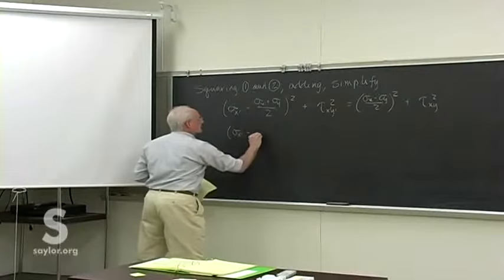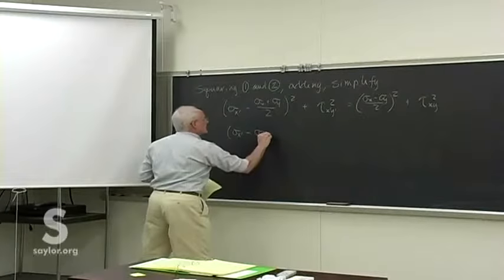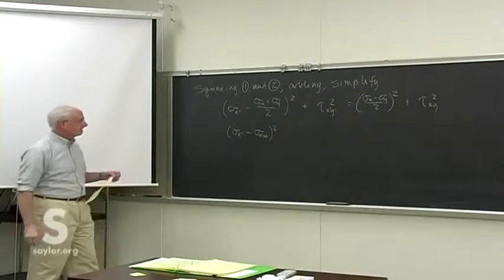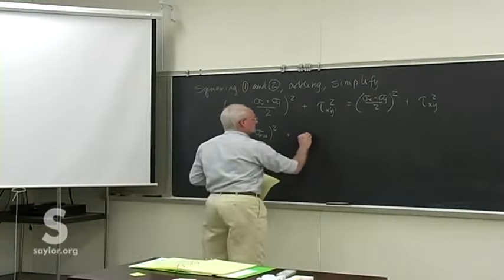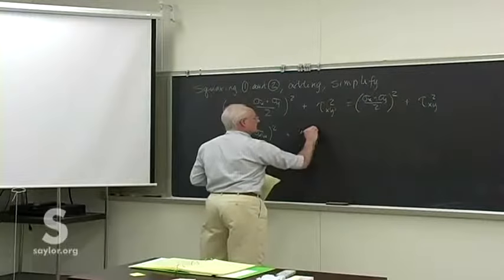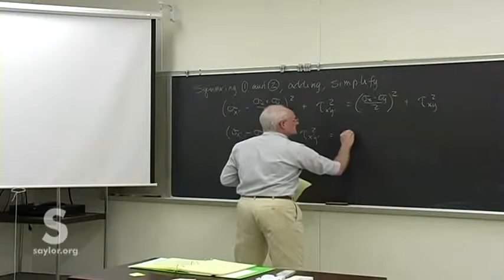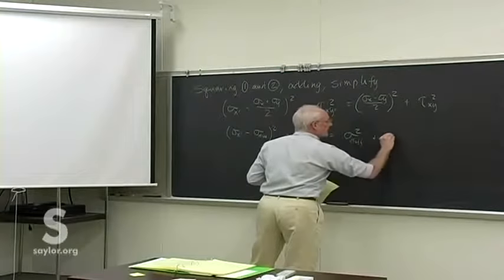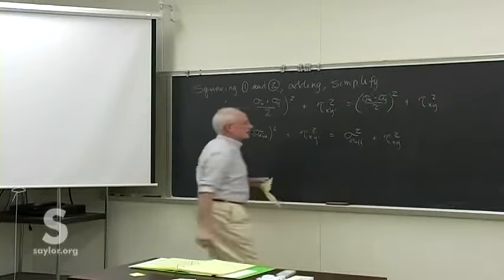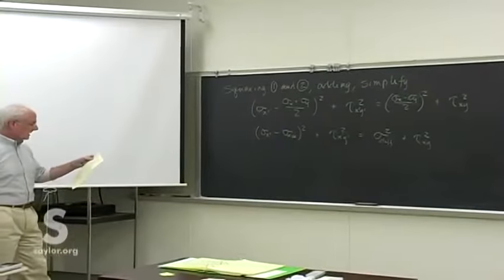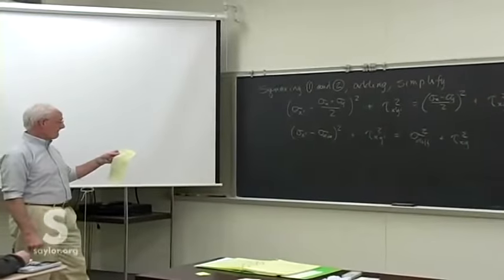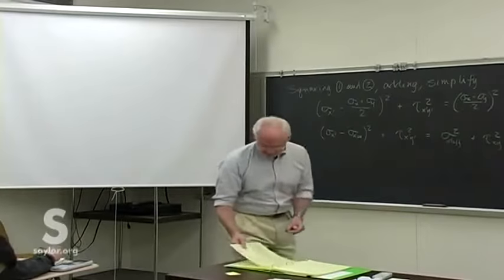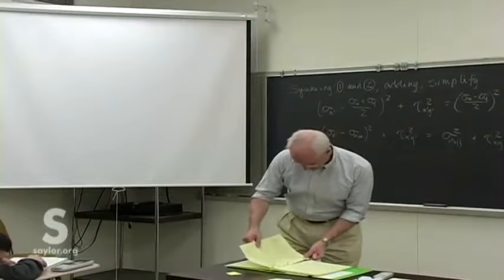Sigma x prime minus sigma average, quantity squared, plus tau x prime y prime squared equals sigma diff squared plus tau xy squared. Make sure I got all that right. Okay. Looks all right.